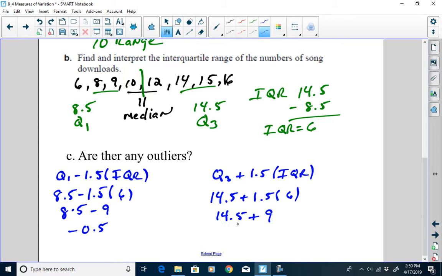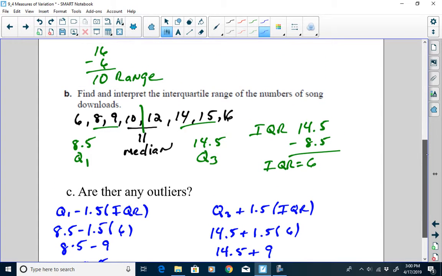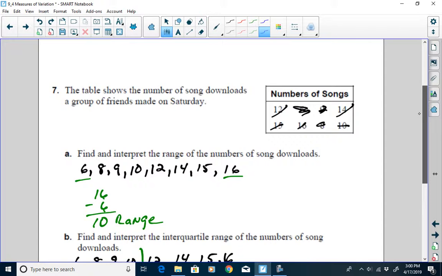Then I can add 14.5 plus 9, and that's going to be 23.5. I don't have any value greater than 23.5, so there is no upper outlier as well.